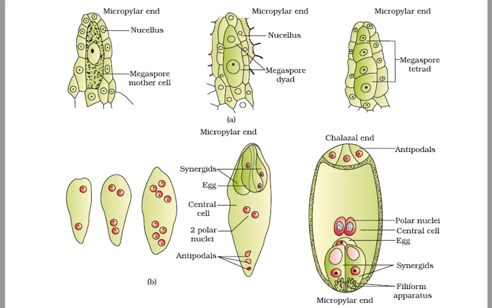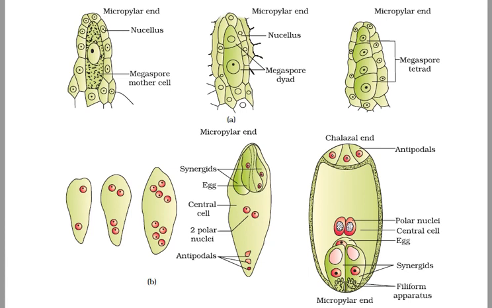And the next figure shows the megaspore tetrad. That means meiosis 2 is completed, giving rise to 4 megaspores.